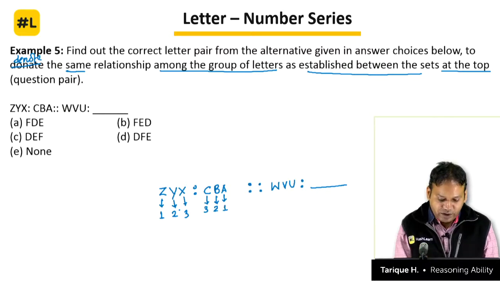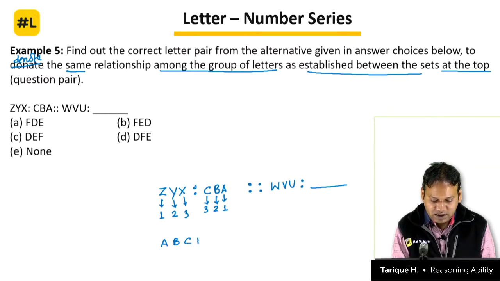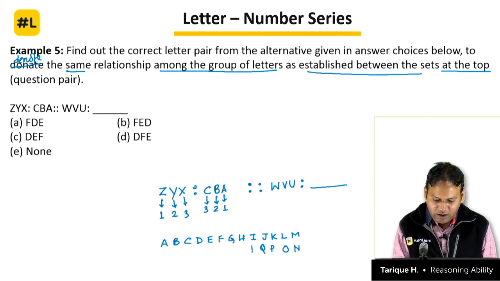Also, if you want to understand it in more detail, what you could also do is to understand the concept of opposite letters, because opposite letters we have discussed earlier also, and opposite letters are very common as question types in exams. So A, B, C, D, E, F, G, H, I, J, K, L, M, and then we reverse from N, O, P, Q, R, S, T, U, V, W, X, Y, Z. So you can see here how Z, Y and X are related.